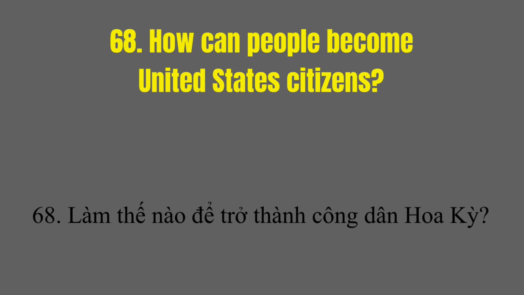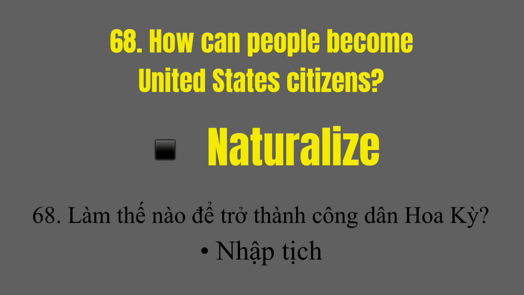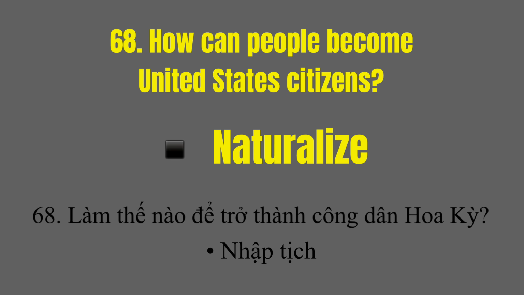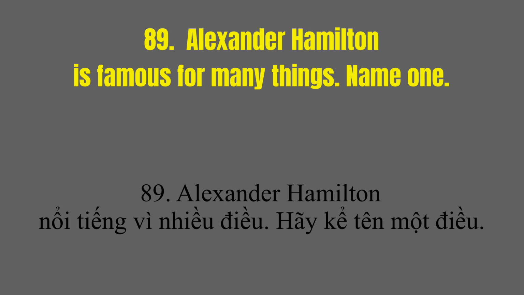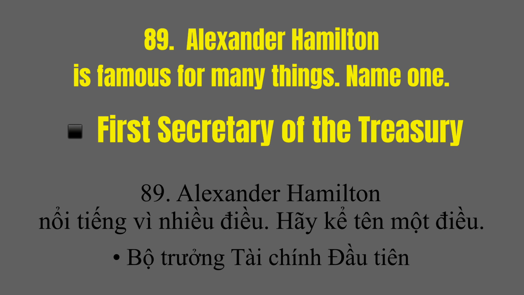How can people become United States citizens? Naturalize. Alexander Hamilton is famous for many things. Name one. First Secretary of the Treasury.